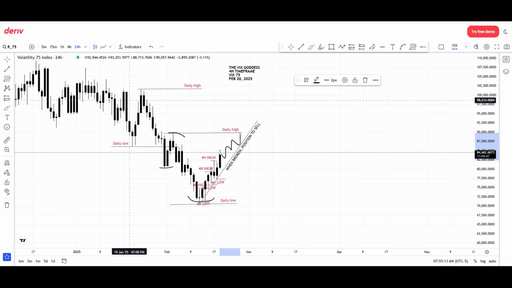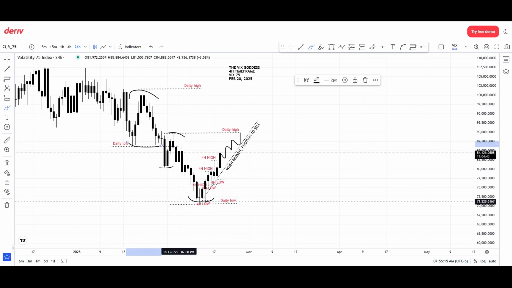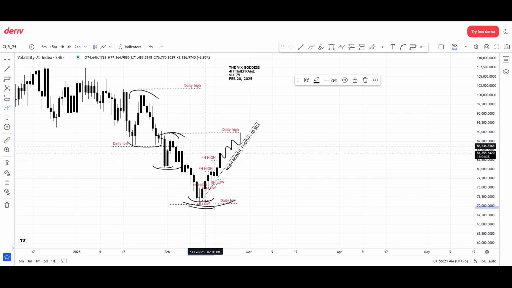In this downtrend, we have a high, we have our low, we have our low, we have a low, we have our high, we have our low, and now we want a high. That high will lead to a sell.